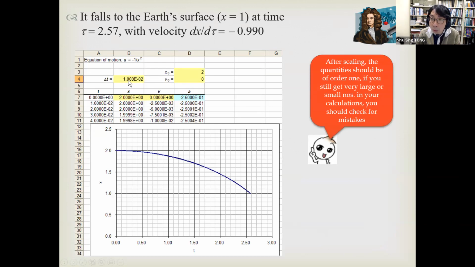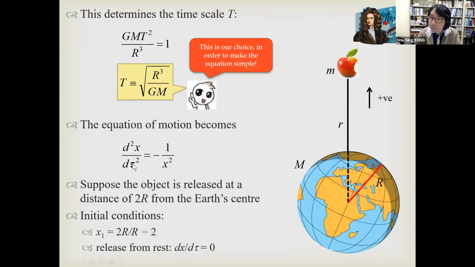I choose the delta tau, the step of the calculation, to be 10 to the power -2 or 0.01. Sorry for the typo here. I should write down the tau because I'm talking about the tau here in the numerical calculation, not t. t refers to the variable in SI unit.